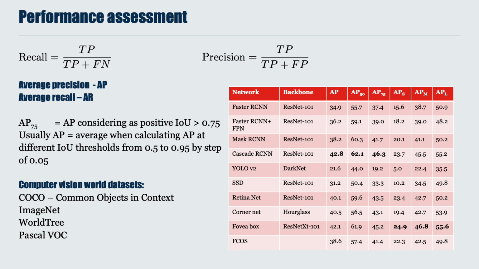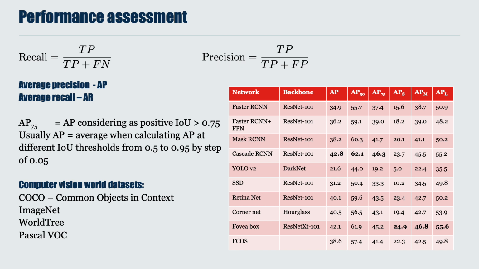So I just put the definition of recall and precision here, and the typical evaluation framework that is used in the computer vision world, datasets and computer vision world evaluation systems. So for instance, with average precision and average recall.